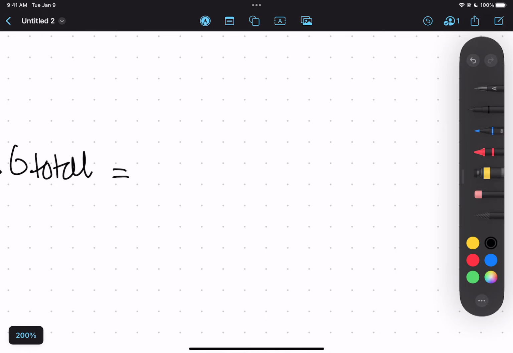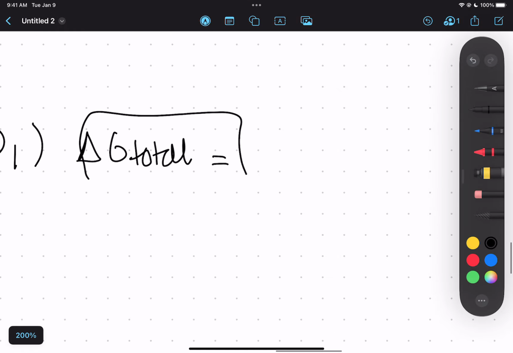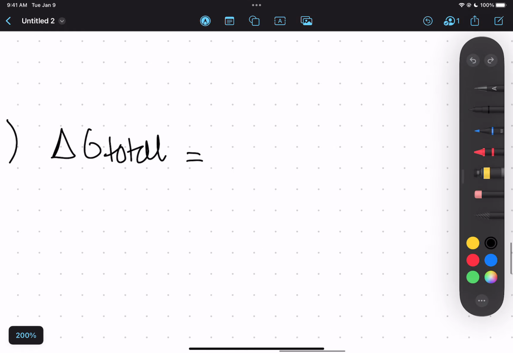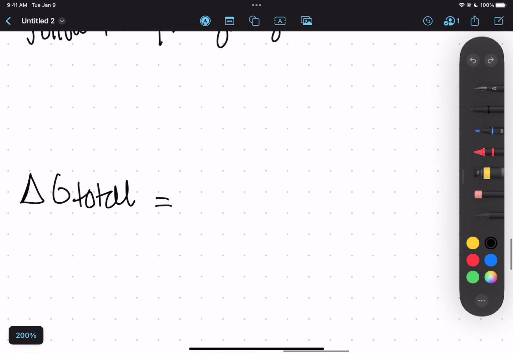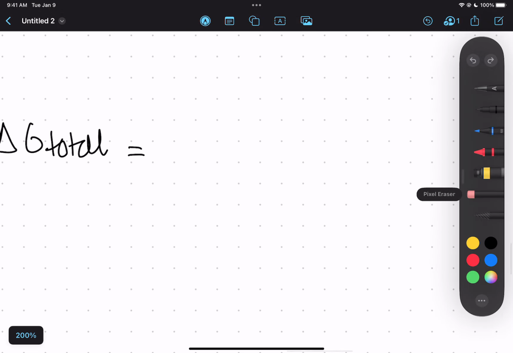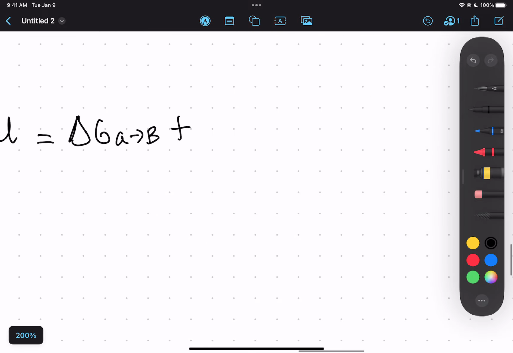It says the expression for the total Gibbs free energy change can be determined by adding, so it's equal to your delta G alpha to beta that we got from before, which was that negative 1.43, and adding it to this change in entropy, that change in entropy S mix.